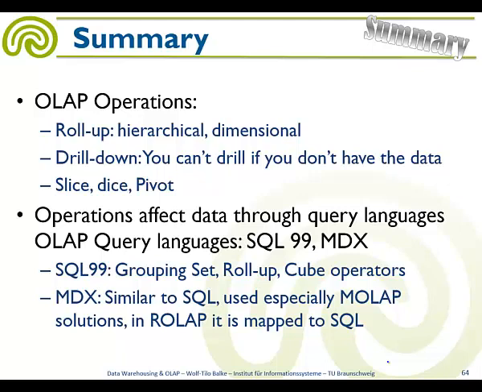Of course, these operations need to be supported by today's databases. We have 2 basic designs of data warehouses. One is the multidimensional design. One is the roll-up design, so the basic data warehouse on top of relational databases.